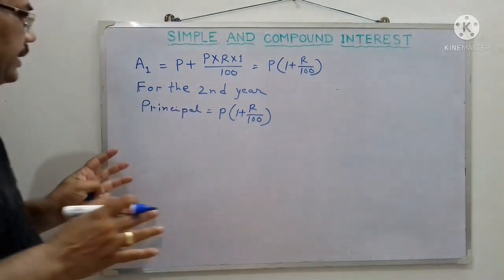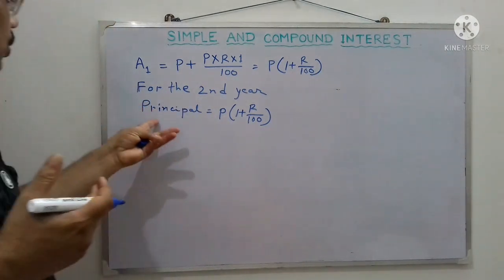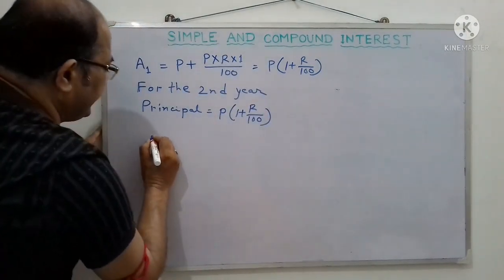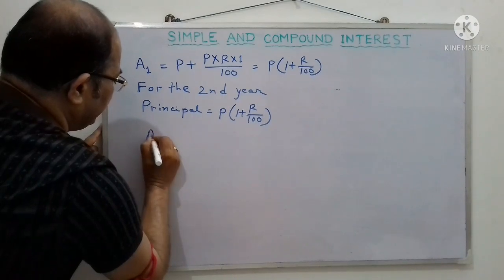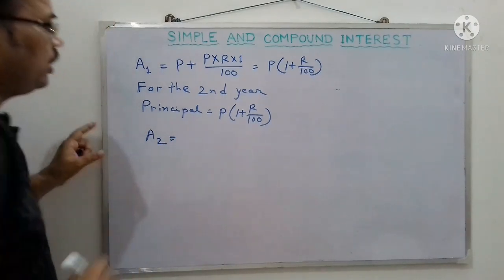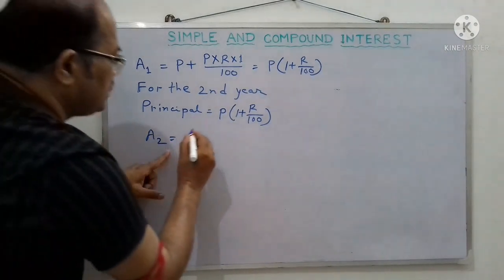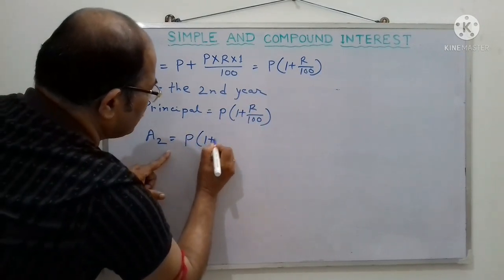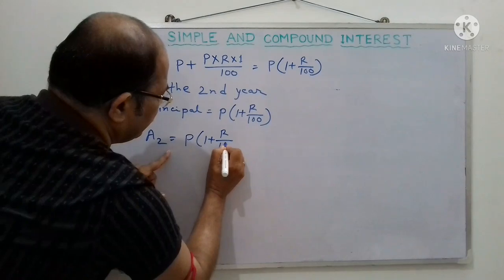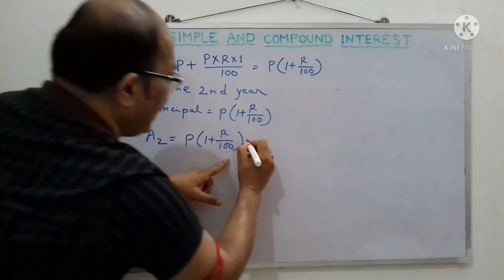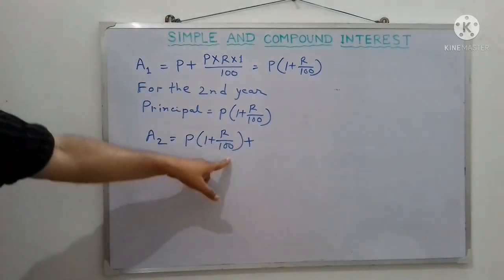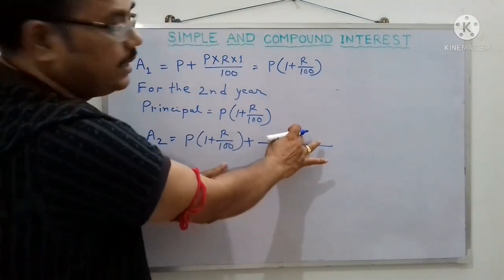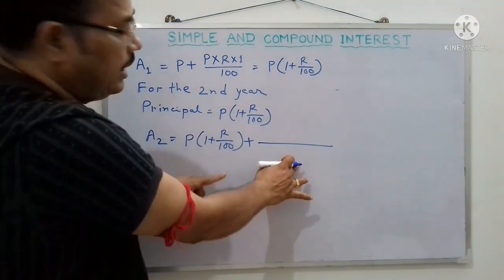Now, what will be the amount at the end of the second year? So amount at the end of the second year, if it is A2, will be equal to principal, that means now principal is P into 1 plus R by 100, plus interest for the second year, which is principal into rate of interest into time divided by 100.